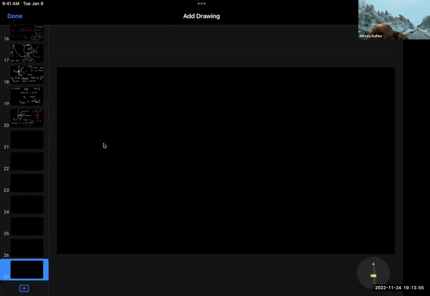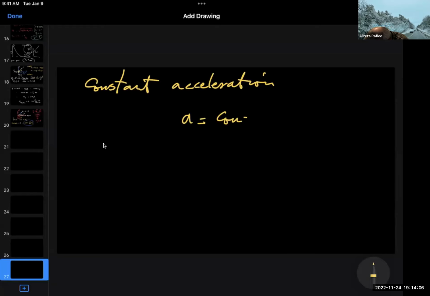It says constant acceleration, right? So a is constant. What is a? dv/dt is going to be constant.